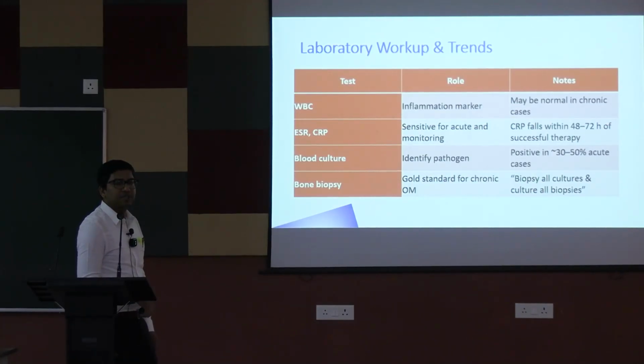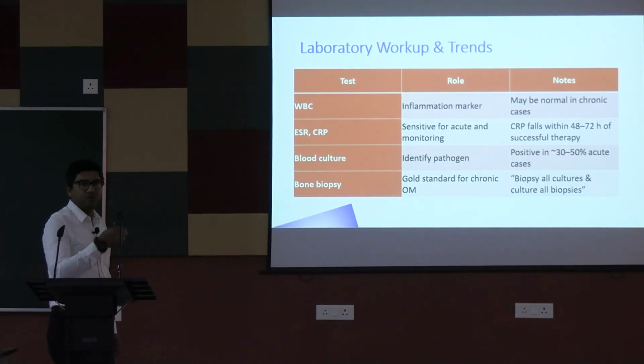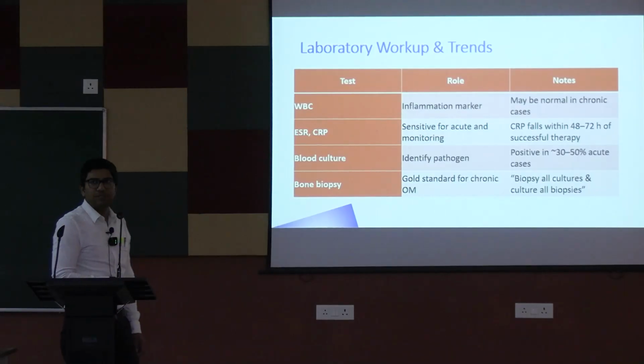If the treatment is working, it starts falling after 2 or 3 days. So you have to keep checking the CRP level after 2 or 3 days to see whether your treatment is effective or not.